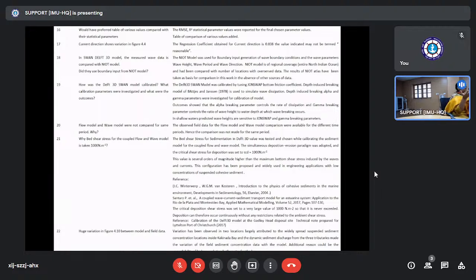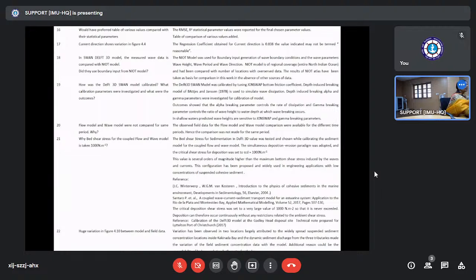Once we got how much waves are entering, the observed wave data for Kakinada was then taken as input for wave standardization. So the NIOT wave model was used for comparison with the observed wave data, and it was taken as input boundary condition.